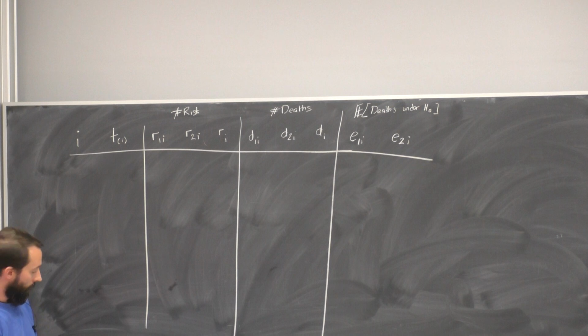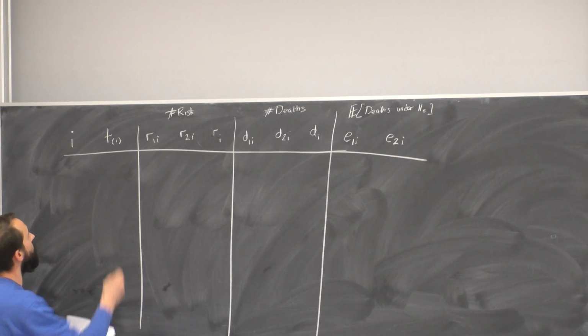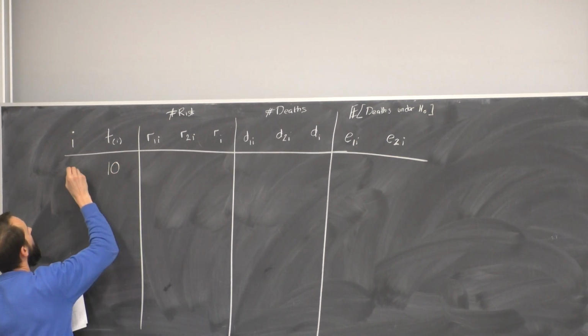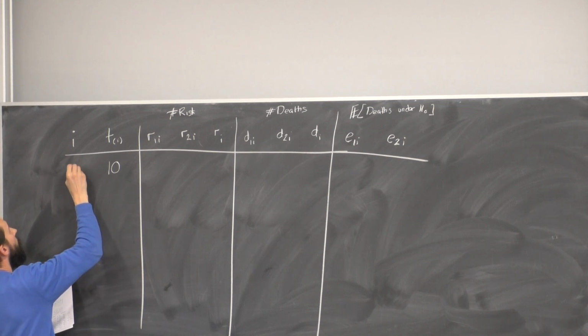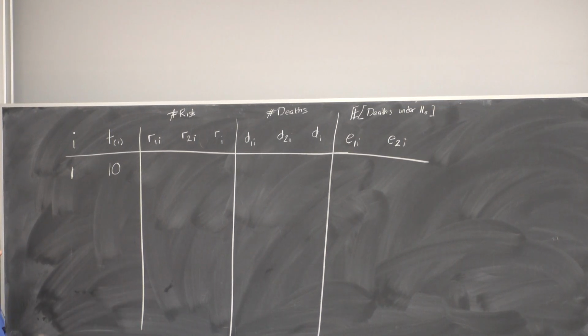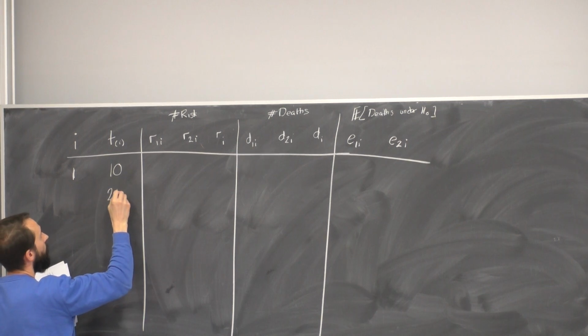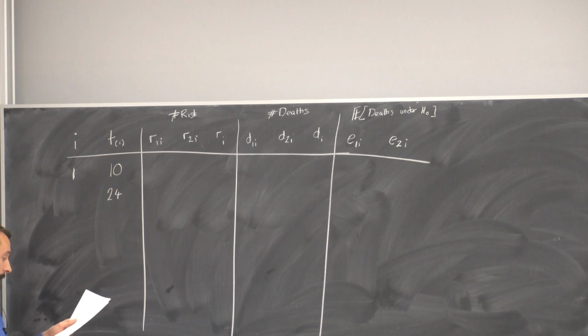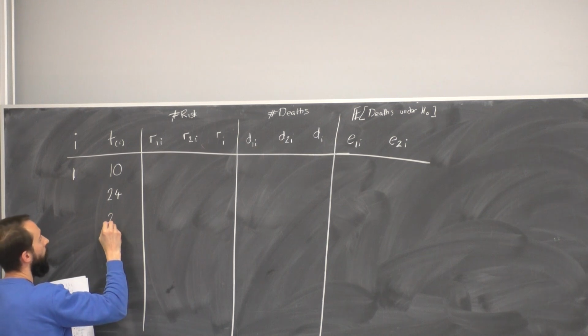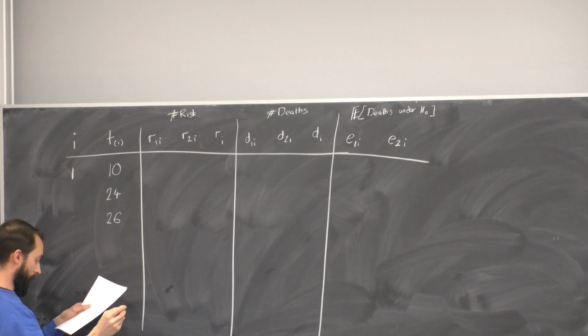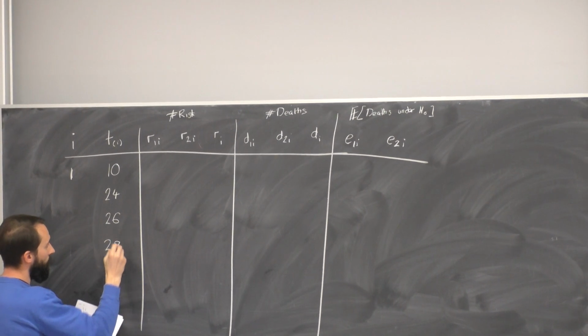So if I look at my actual failure times, the first time anyone failed was 10 weeks. The second failure that I saw was at 24. The third failure was 26. The fourth failure, 28.